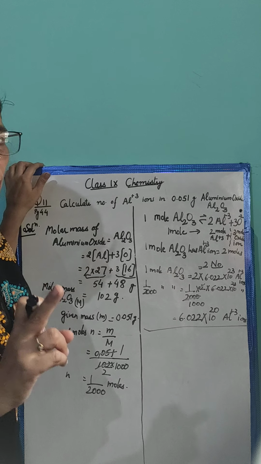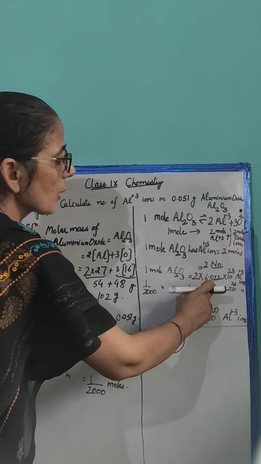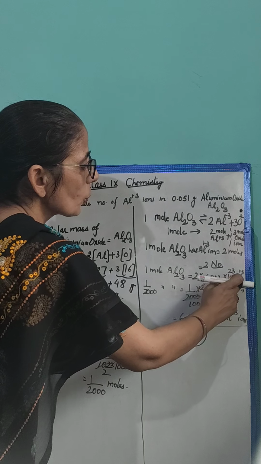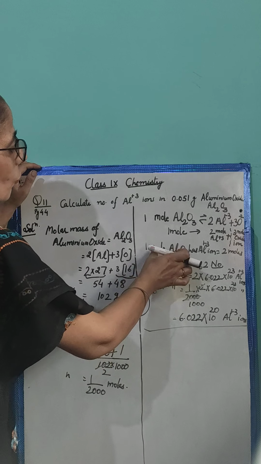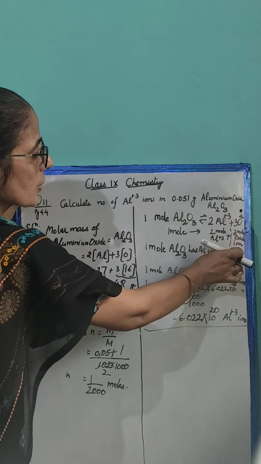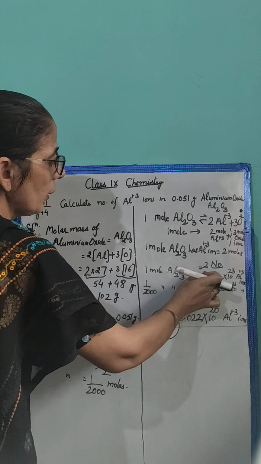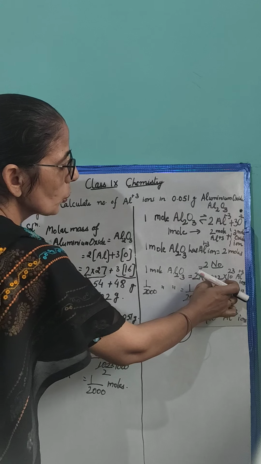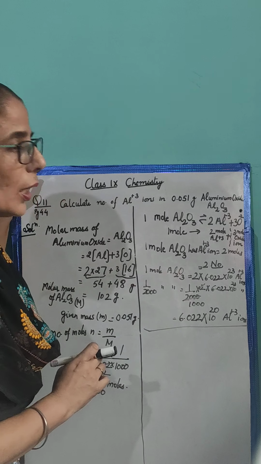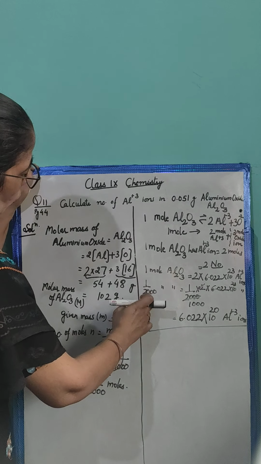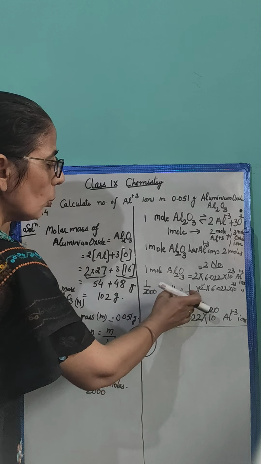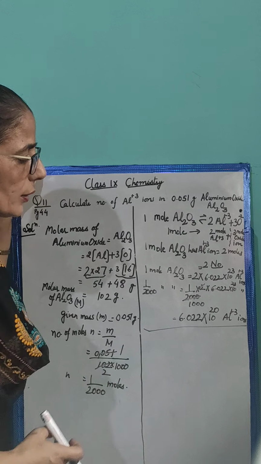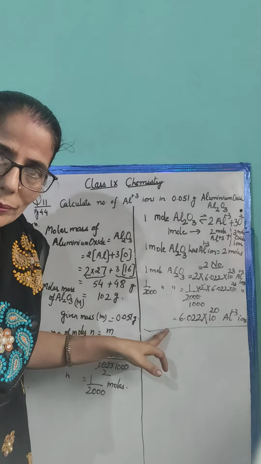Avogadro number, equal to 6.022 into 10 to the power 23. 1 mole of aluminium oxide has given 2 moles of aluminium ion, that means 2 into 6.022 into 10 to the power 23 aluminium ions. So in 1 by 2000 moles, we will calculate and get this as the answer.